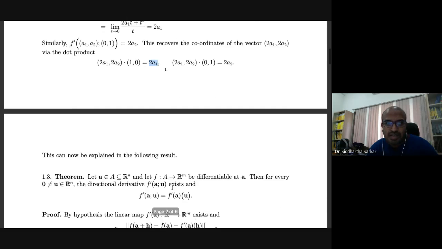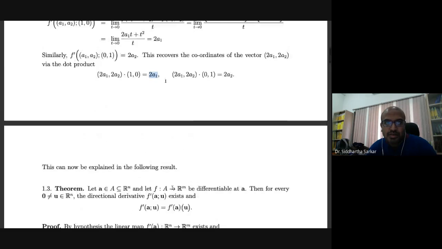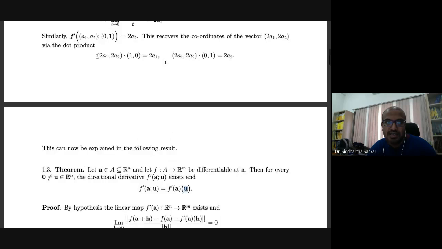The next result says that, well, it is actually the case. This is not a surprise. So if you see over here, the directional derivative at the point A in the direction U is nothing but the usual derivative as a linear map evaluated at U. In this particular case, this turns out to be the dot product over here.